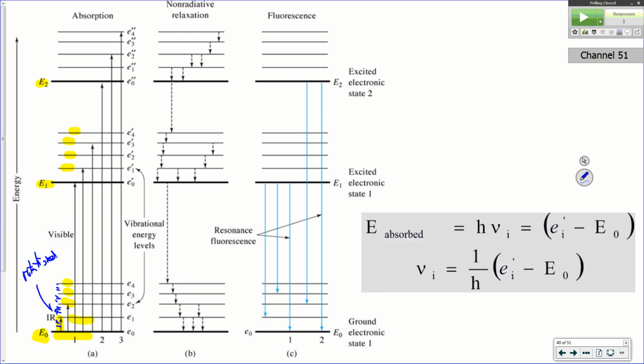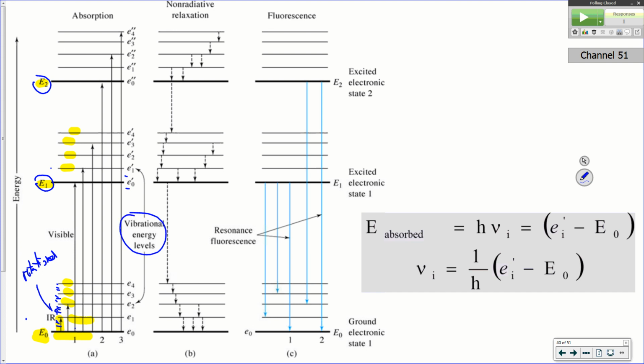Where it becomes significant for us is that when you have an absorption of a molecular species in the visible or the UV region, it not only can go up to the electronic state, E1 or E2, but it also could land on one of these vibrational excited states. The E primes represent vibrational energy levels.